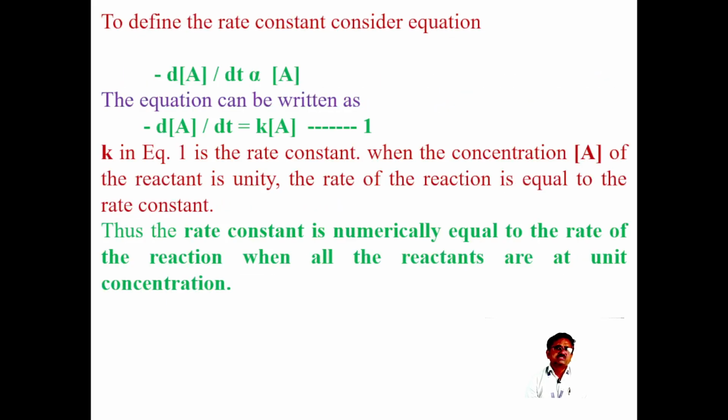To define the rate constant, we will consider the equation that we studied earlier: -d[A]/dt is proportional to [A], that is, the change in concentration of A with respect to time is directly proportional to the molar concentration of A. So the equation can be written as -d[A]/dt equals K[A]. We call this equation 1.